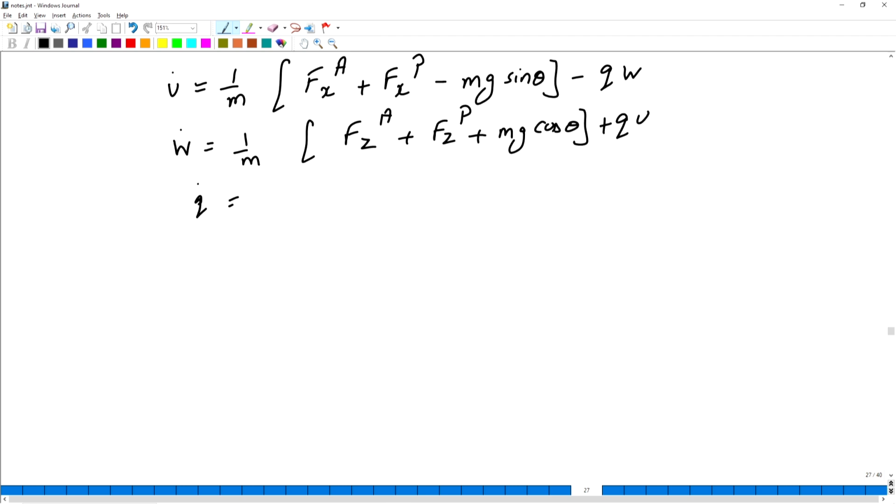Then we have q dot equals to My upon Iy.